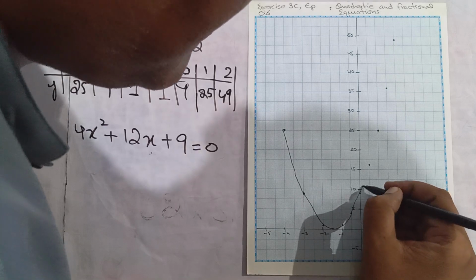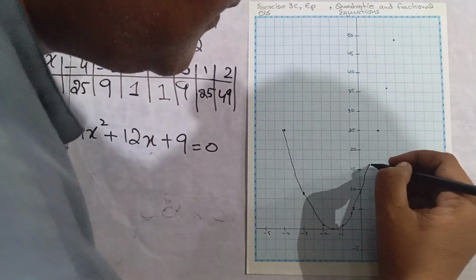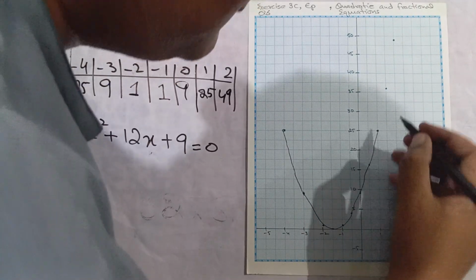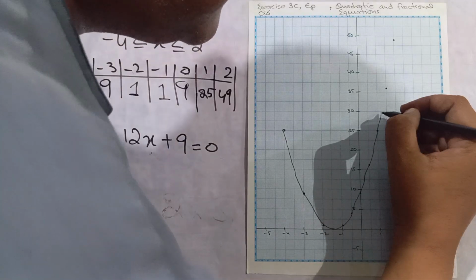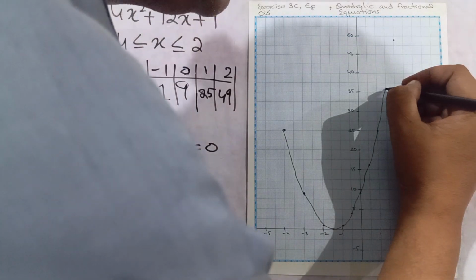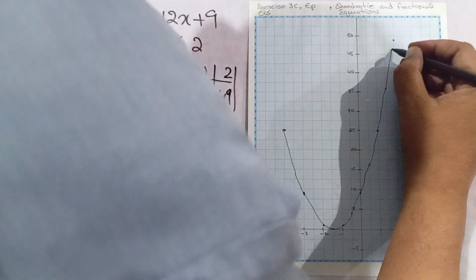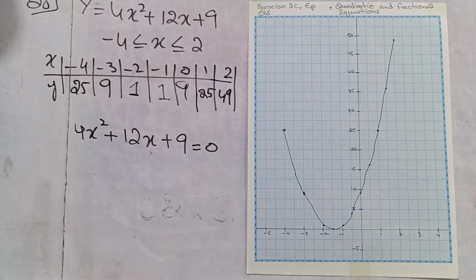Okay, you see the position in which I am trying to make this. Yes. You see, I took extra points to make it more smooth. So you got this shape. This shape is called parabola. And now they ask you a question.